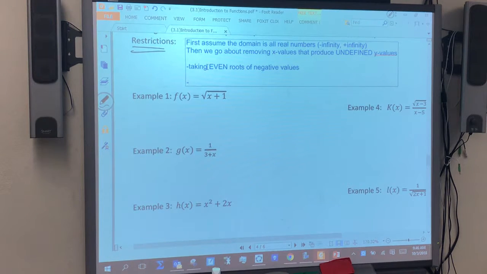And look at number 2 there. What is the value that when we do that division that we have a problem? Okay, so when x is negative 3, we have a problem because we have 1 divided by 0, right? So we don't get a defined value. 1 divided by 0 is undefined. So the second restriction, the second issue is division by 0.